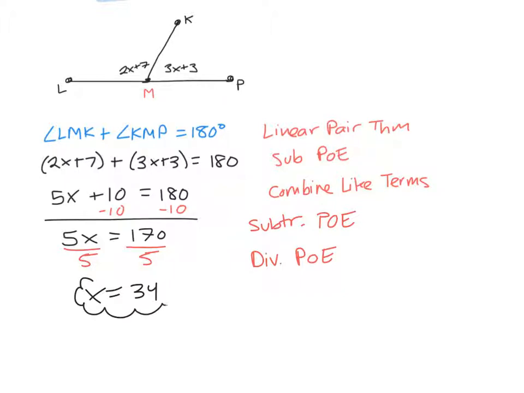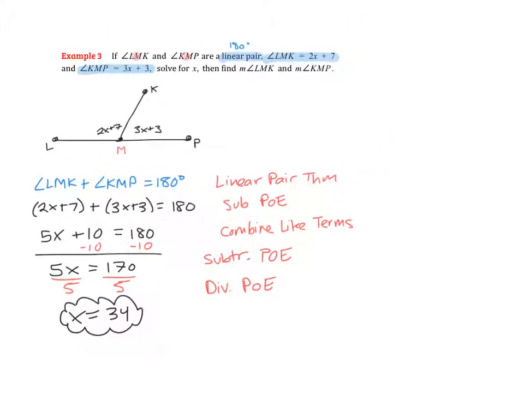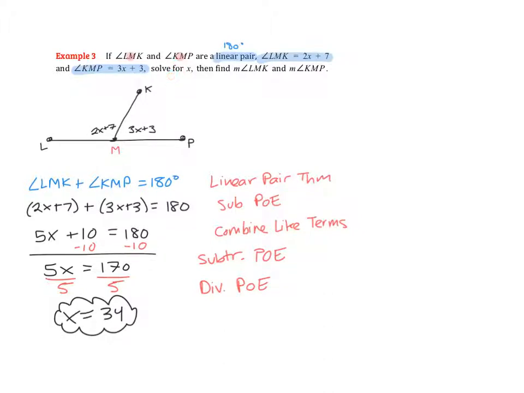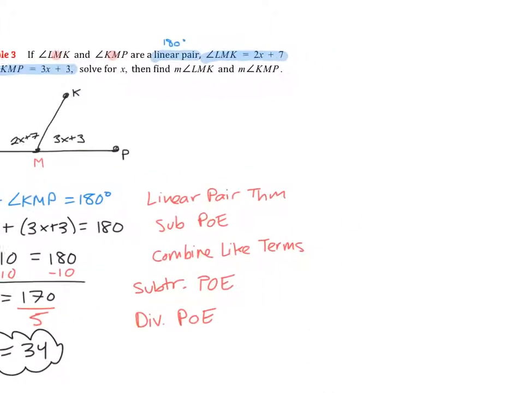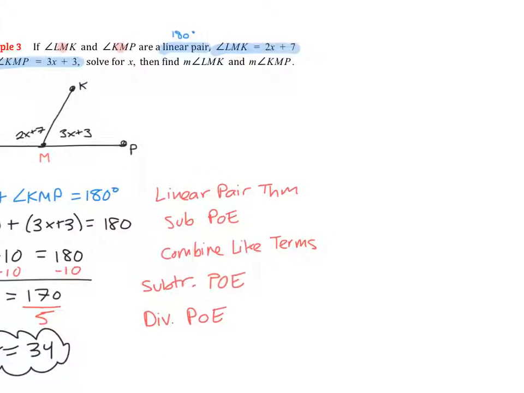And here's part of my answer. It did ask us to solve for x, but now we need to find the measures of angles LMK and KMP. So I'll do that on the side. So we'll start by saying angle LMK is 2x plus 7, and that is given.